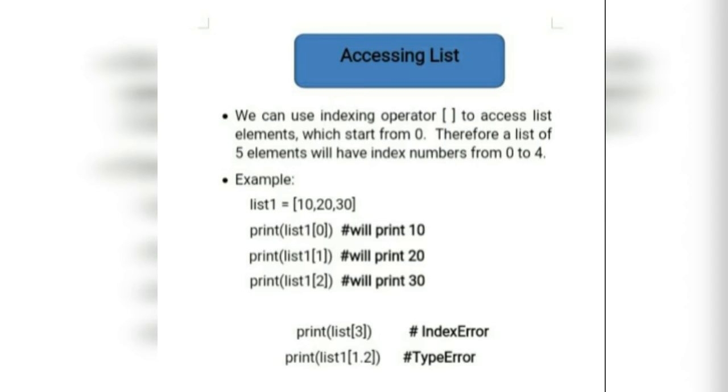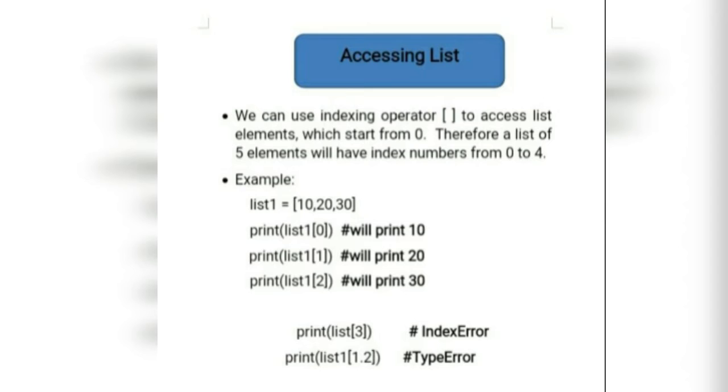As the indexes start from 0, even if we have 4 elements, it will go from 0 to 3. It will not include 4. Here I have taken an example where I have initialized a list containing the 3 elements 10, 20, 30, whose indexes are 0, 1 and 2.